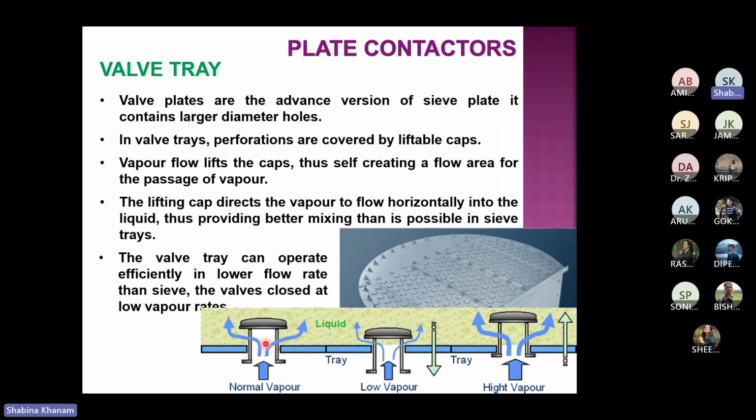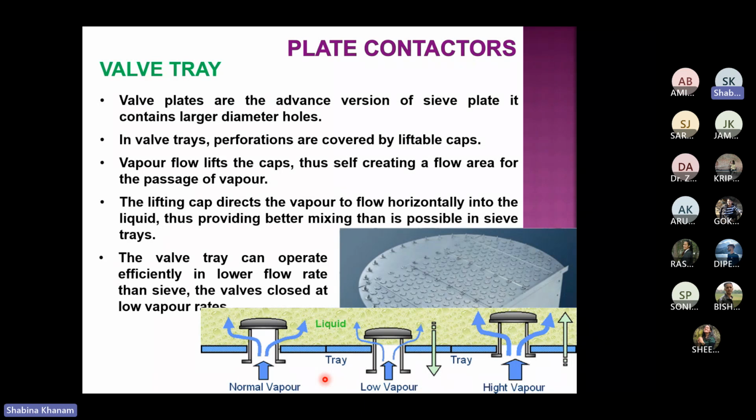Once vapor lifts this cap, it will come through this flow area and then interact with the liquid. So again it has the horizontal interaction along with the cross flow interaction.